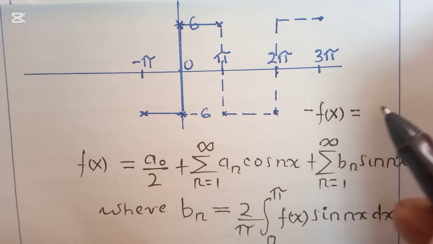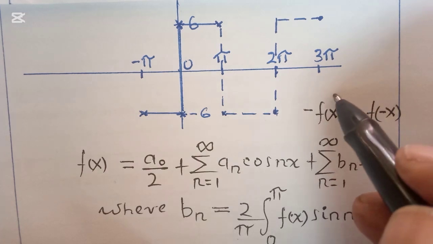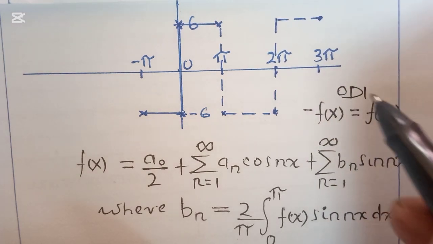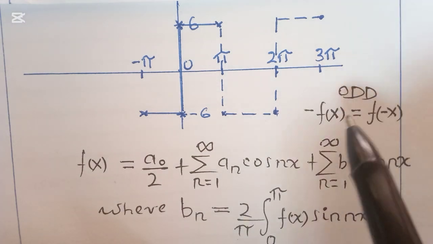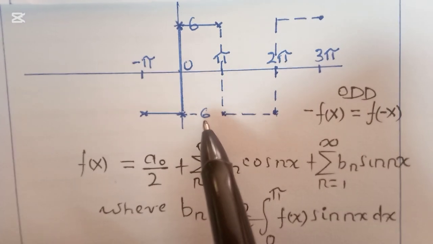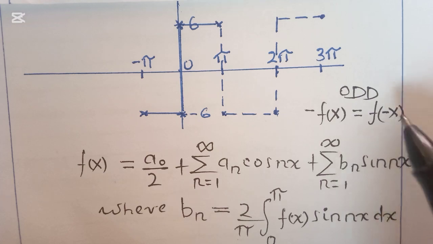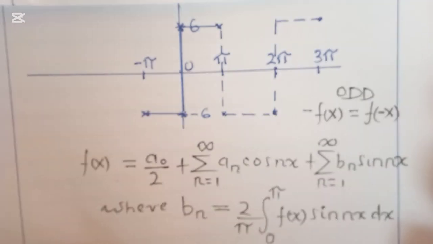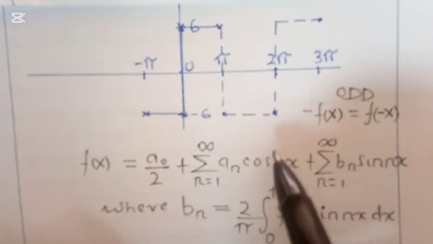So if they match, then this becomes odd. Let's say we place pi for that. If we place pi, we are going to have 6. If we then place -pi, this one will give us -6. And so guys, this one becomes an odd function.